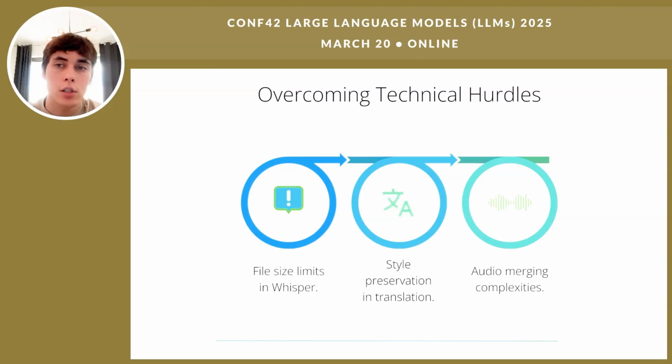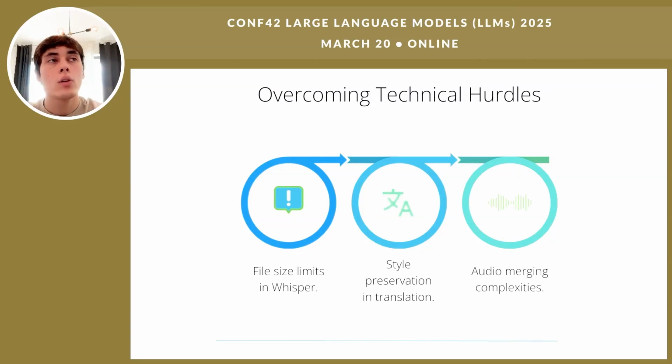Some of the core challenges so far were file size limits in Whisper, so we sometimes have to split the original MP3 files into smaller chunks. The second one is style preservation in translation.